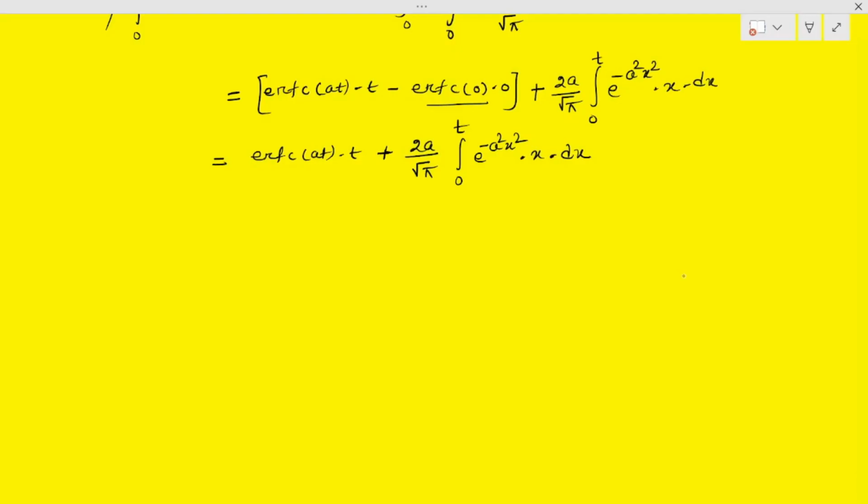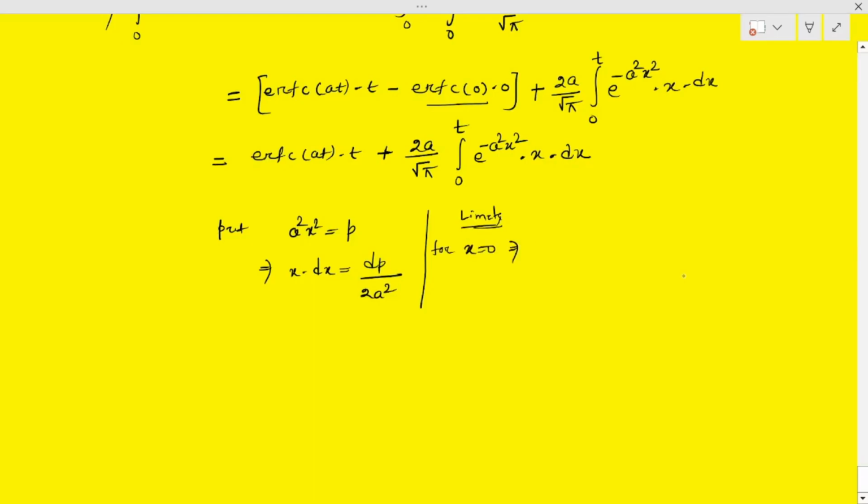Now to evaluate this integration, the same procedure. Put a square x square equal to p, that implies x dx equals dp by 2a square. For the limits, x equal to 0 implies p equal to 0, and x equal to t implies p equals a square t square.